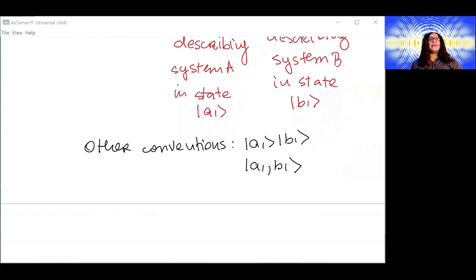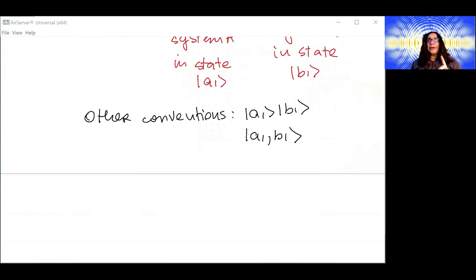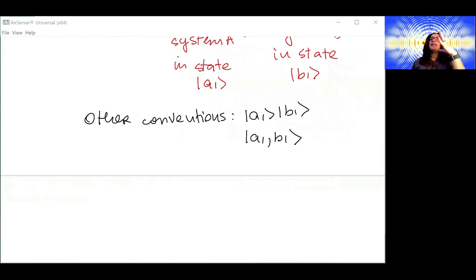And remember, this was one arbitrary state that we just constructed so that you see how it goes. But if you would like to construct a full basis that spans all the compound state space, what you have to do basically is to include all pairings that you may have, and the number is going to be dimension of A multiplied by dimension of B.